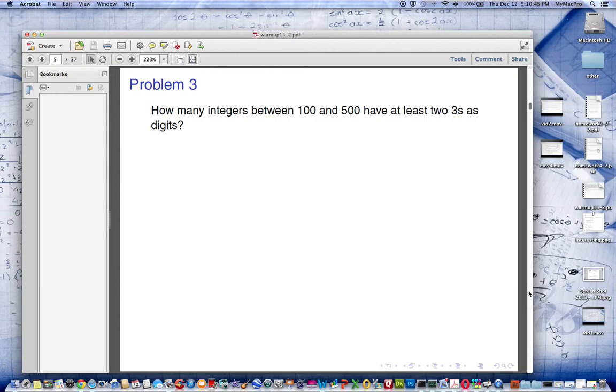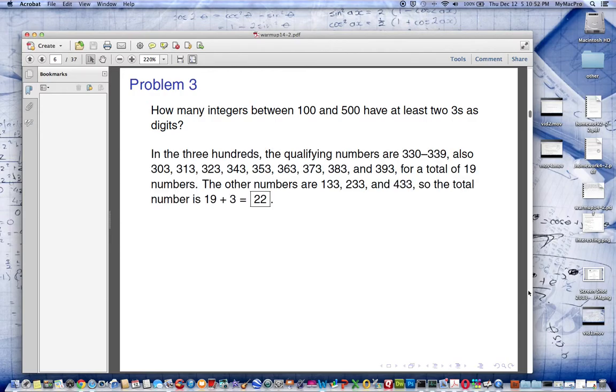How many integers between 100 and 500 have at least 2 3s as the digits? So look at the 300s, because it's a 3-digit number. So 330 to 339, that also includes 333, remember that. So these are 10 numbers.